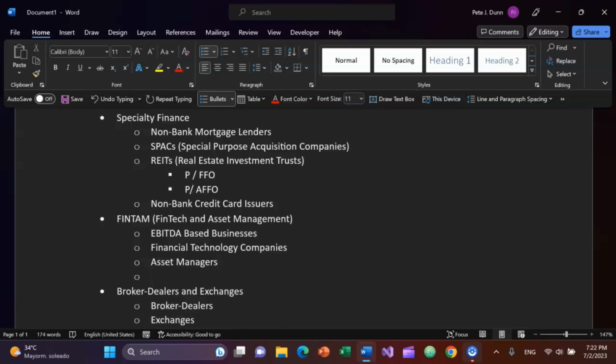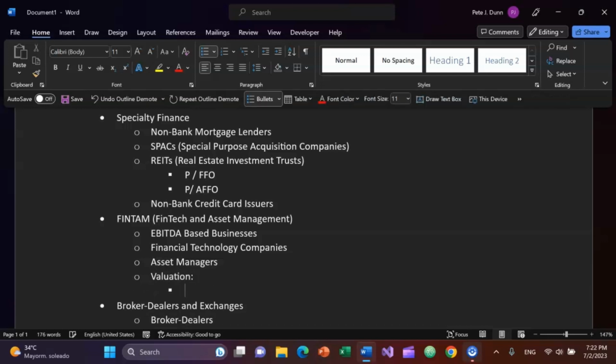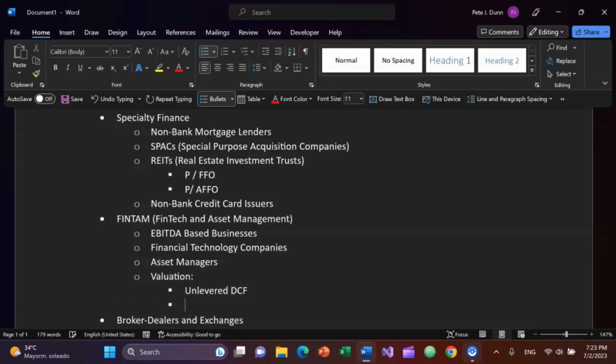Obviously, the asset managers collect fees, and the fintech companies either lend money themselves or provide hardware and software that's used by the other financial institutions. So you can value these with your traditional unlevered DCF, right? And then your multiples that you look at.